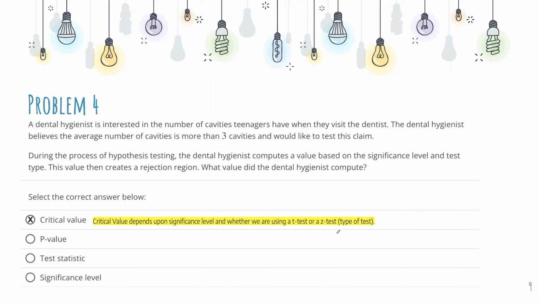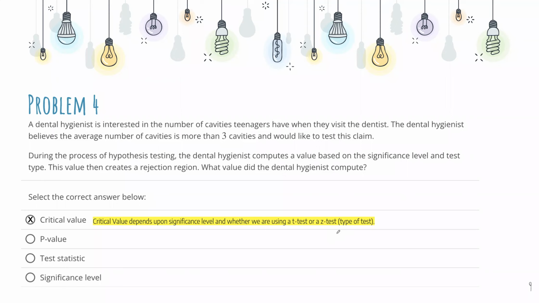So let's talk about how we recognize whether we are talking about a critical value, a p-value, test statistic, significance level, and all that. Problem number 4. A dental hygienist is interested in the number of cavities teenagers have when they visit the dentist.